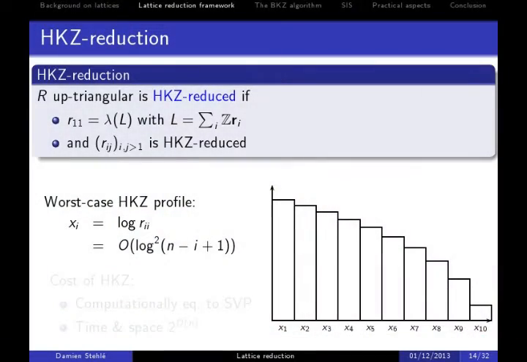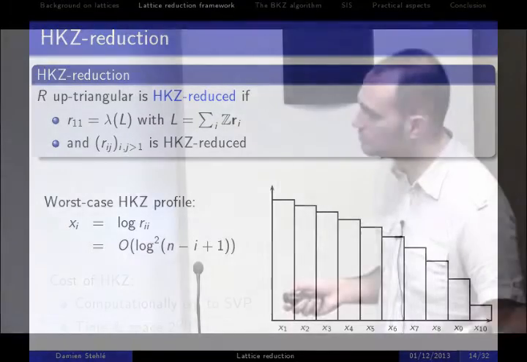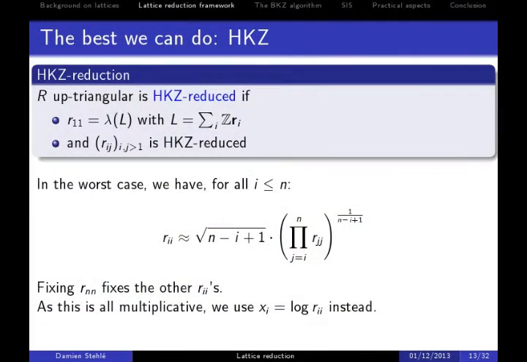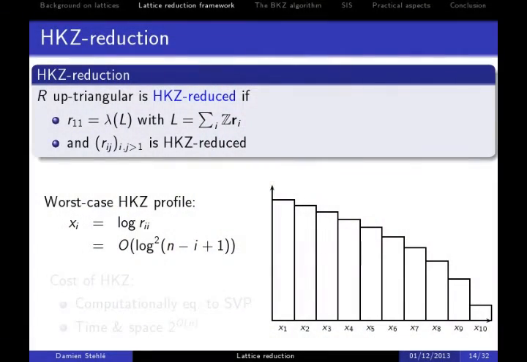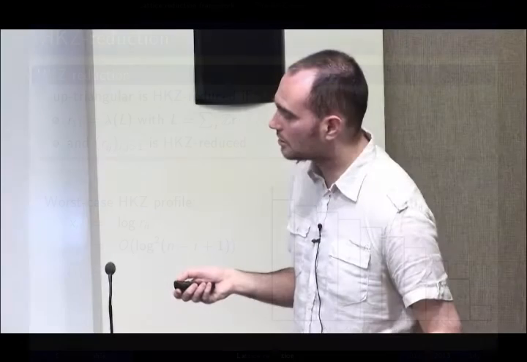Okay, so that's the profile of the worst case solution. If you solve these equations, the formula you get is ugly, but it has a nice asymptotic estimation. The asymptotic estimation is log squared of n minus i plus 1 in the exponent.